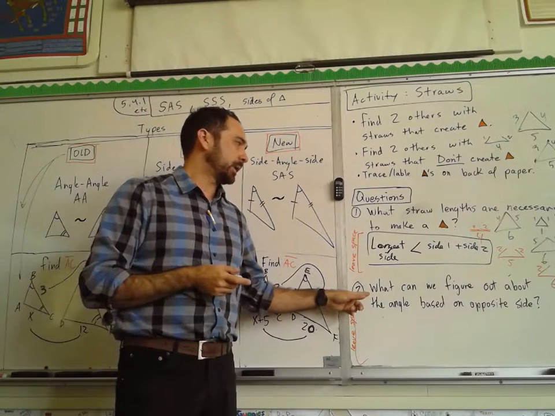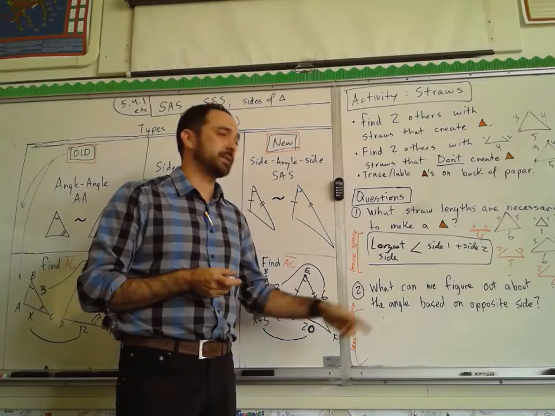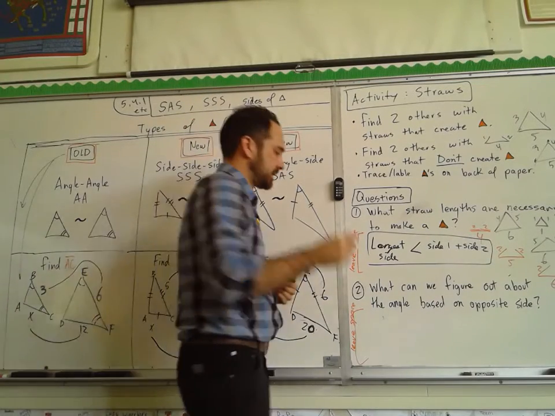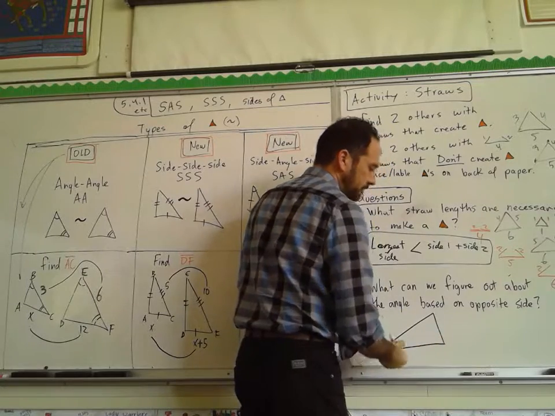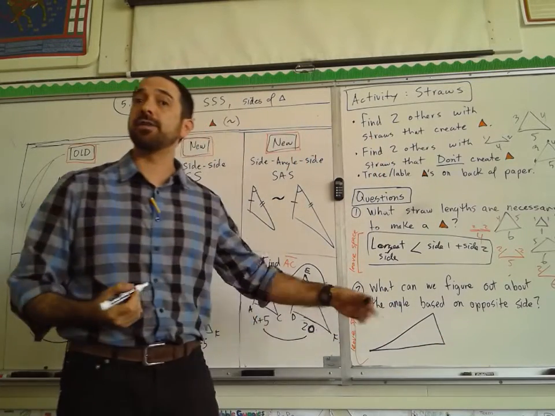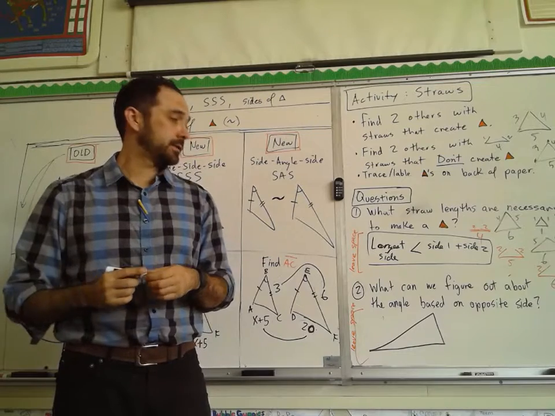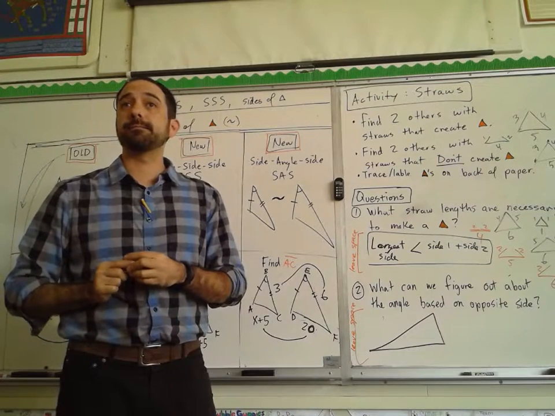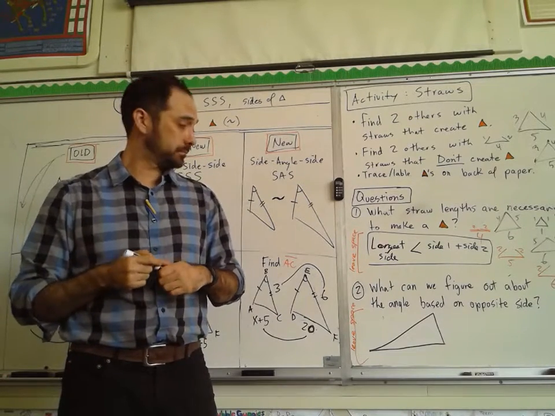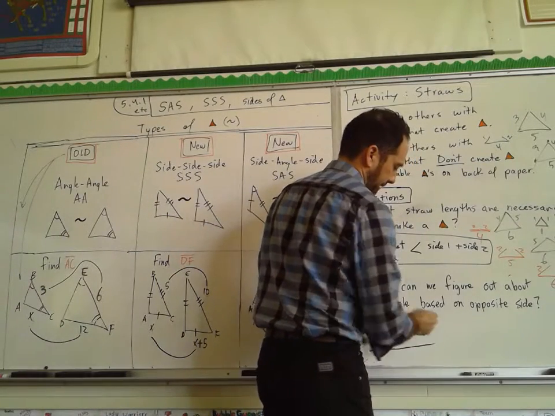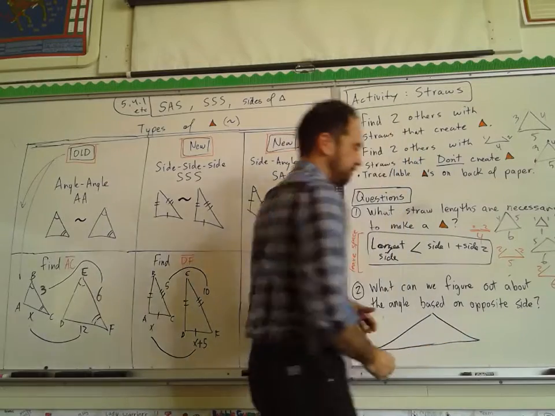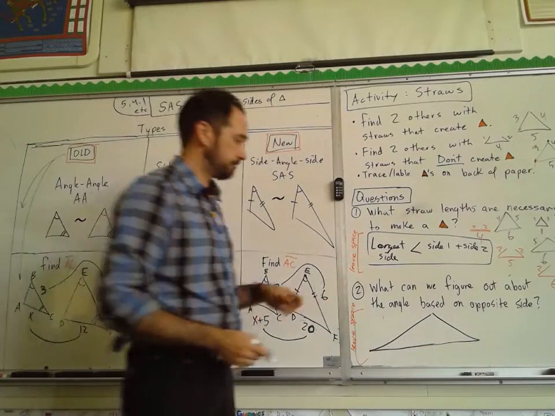What can we figure about the angle based on the opposite side? So think about this right here. What is the largest angle with that? Top, left, or right? Biggest angle? I'll make it more pronounced. Biggest angle? Top.